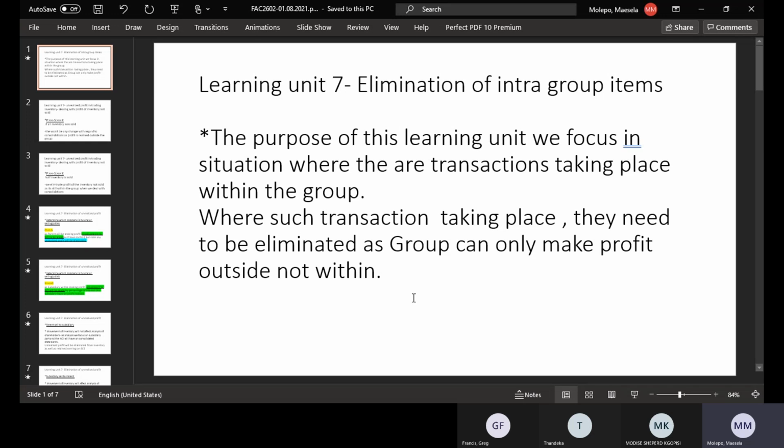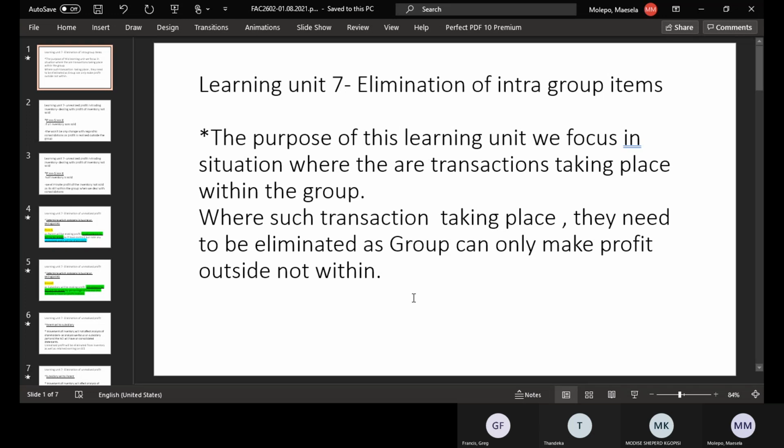So in this case, we have a situation where a parent sells its inventory to a subsidiary, and then the subsidiary sells the inventory outside the group to a company called X. Suppose P Limited, the parent, sells inventory to the subsidiary at a cost of 1,000 plus 20% profit, and S Limited packs the inventory and sells it to X, a company outside the group, at 1.5.